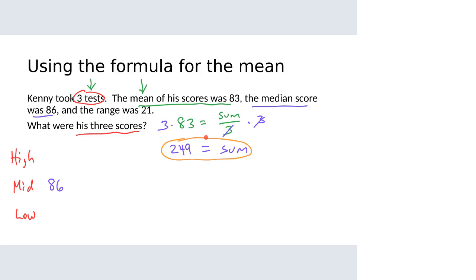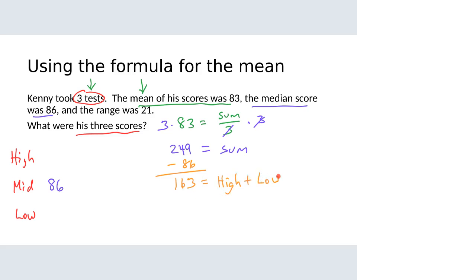But I know one of the scores is 86. So how about we subtract that one off of there? And so then I'm going to subtract that 86. 249 minus 86. And 163 must be what I get when I add the highest plus the lowest.